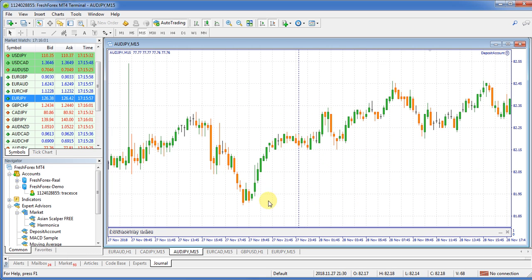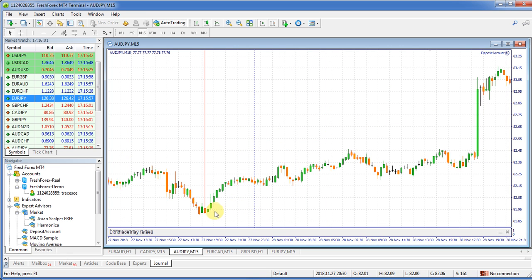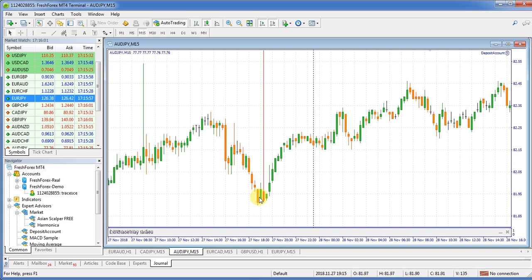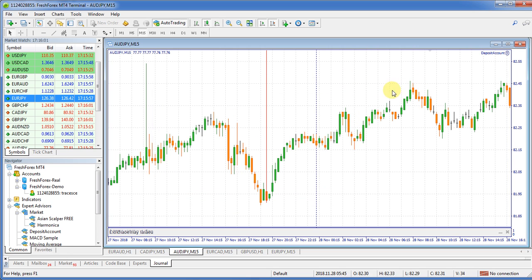Oh, it's moving. Okay, right, from this point on. Okay, fine, from this point that I marked to this point, this one, okay, to this point, the highest point here.